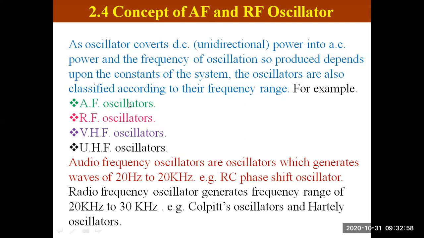Now there are 4 types of oscillator: audio frequency oscillator, radio frequency oscillator, very high frequency oscillator, ultra high frequency oscillator. Now we know what is meant by audio frequency oscillator.